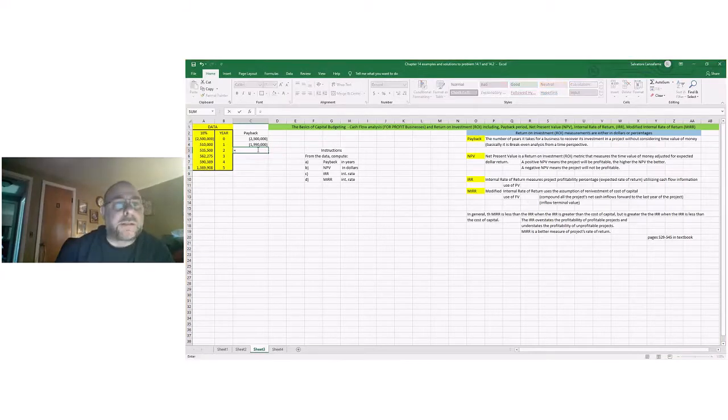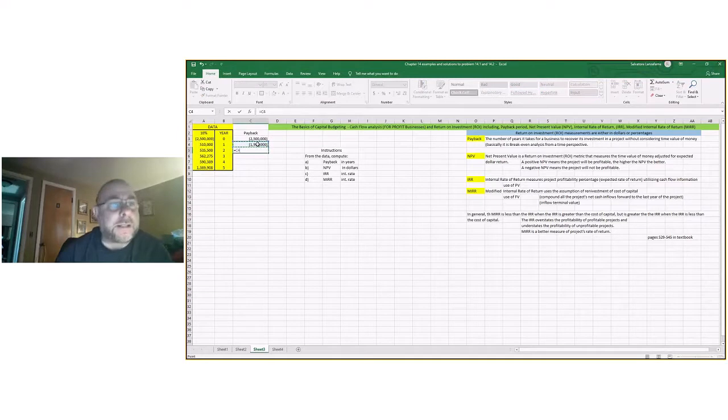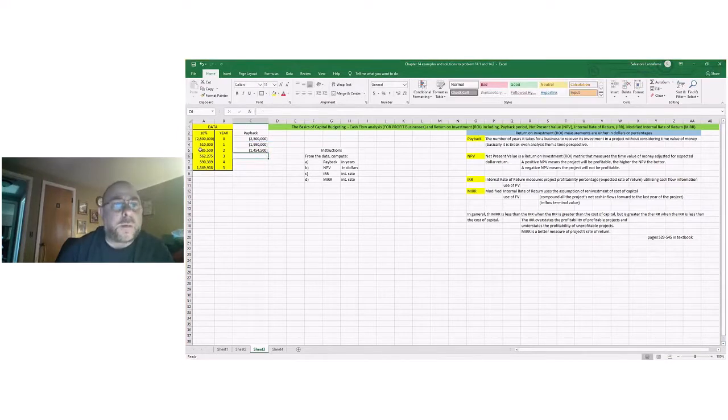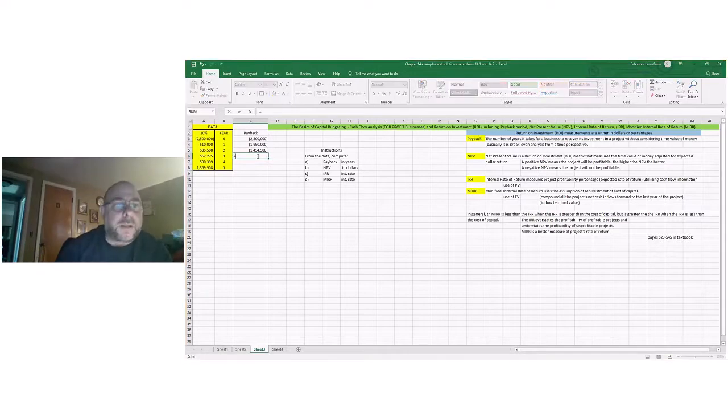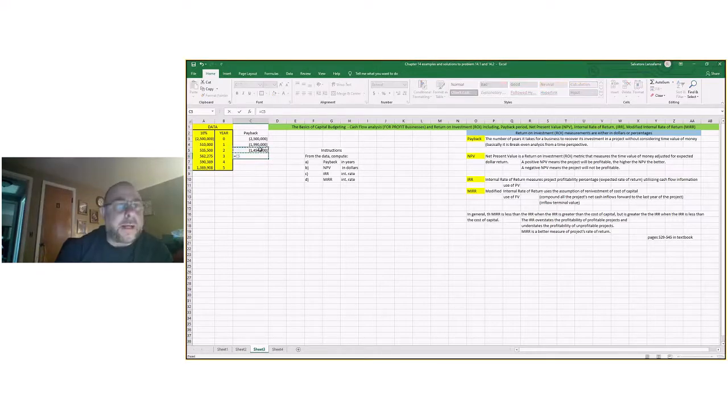Well, if I take this negative 1,990,000 and I add back another 535.5, now we're at negative 1,454,000. So we're basically trying to get to zero. The super negative number we're trying to bring up to zero. And then let's add another 562. That brings us to negative 892,225. Still not at zero yet.